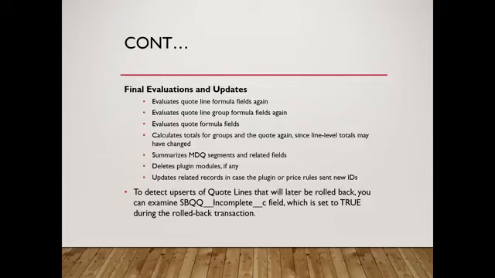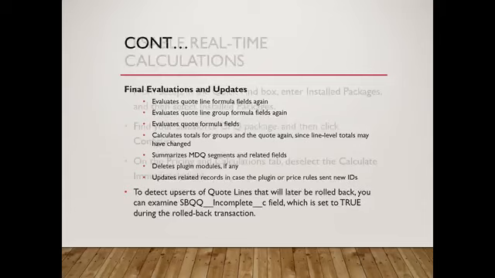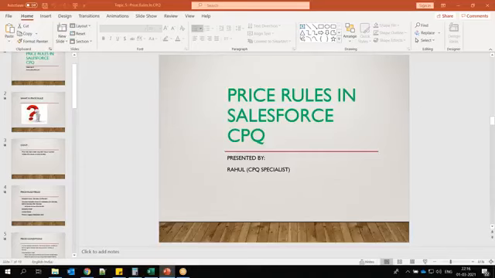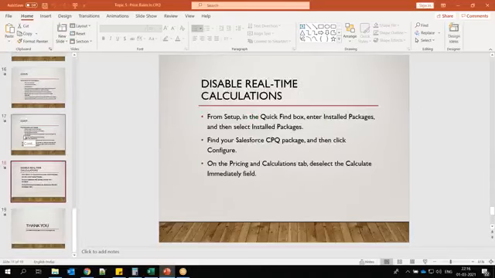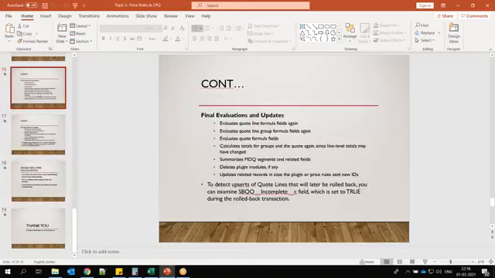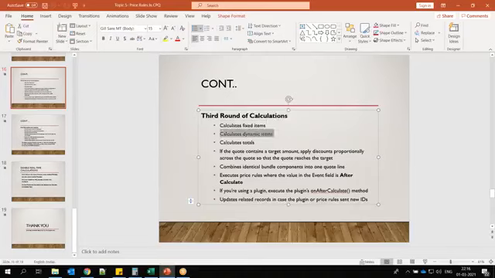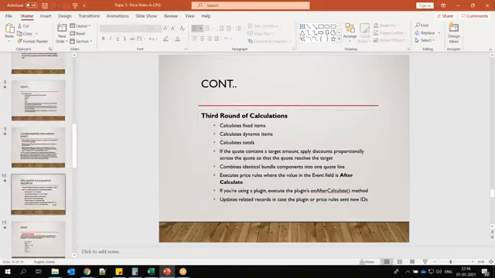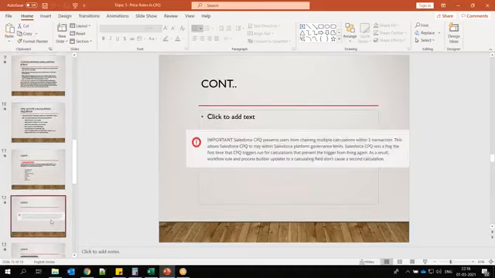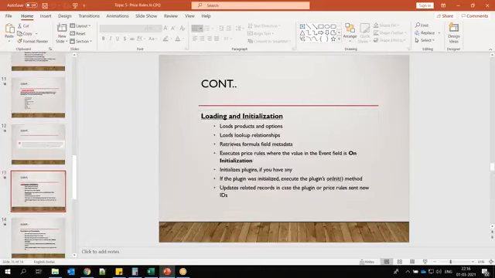I just copy pasted these things, but when you are an expert in that, you will understand how it takes the precedence. I mean calculate fixed items, calculate dynamic items, calculate total. Once we're done with some of the fields, you will understand the sequencing here. I added it, but you don't need to worry. Even I am not worrying about this, because this is lookup relationship, formula fields.